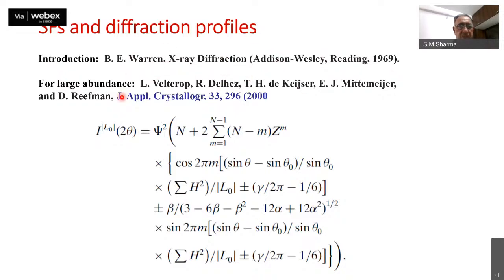But a more relevant work is a publication by Waltrop and colleagues in 2000, in which they showed, if the abundance of stacking faults is large, how they will affect the diffraction pattern. So one has to be, as I said, very, very careful to interpret the results.